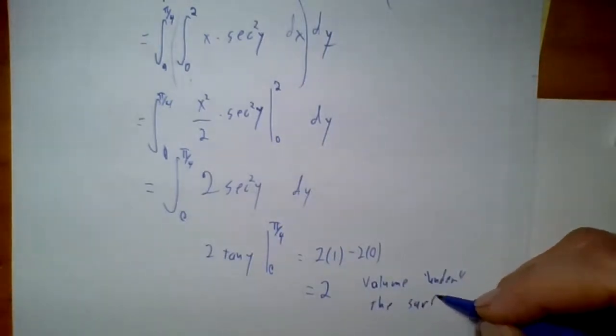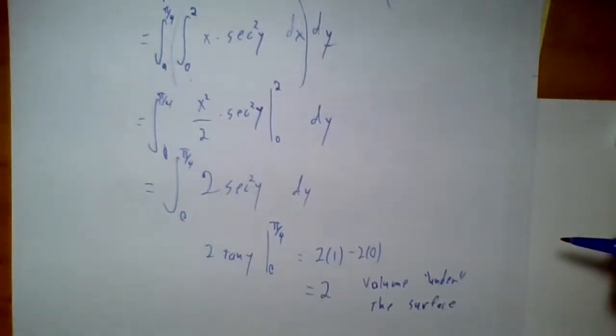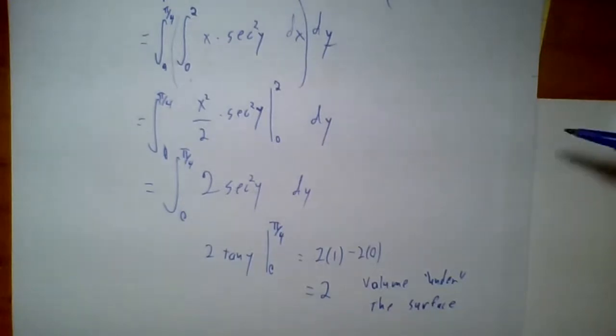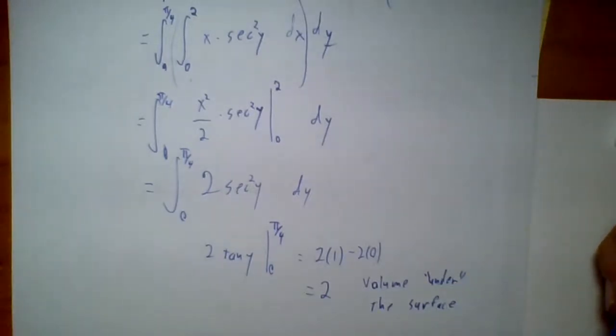I put the under in quotes because I really mean we're looking at the volume between the surface and the xy plane. This is a positive function, so it is under the surface right here. It came out to a nice positive volume because this function is positive everywhere in this region. If it dipped below, then we might actually get negative volume if our surface is below the xy plane. That's the same kind of consideration that we had with regular integrals. Just a three-dimensional picture that goes with it now.